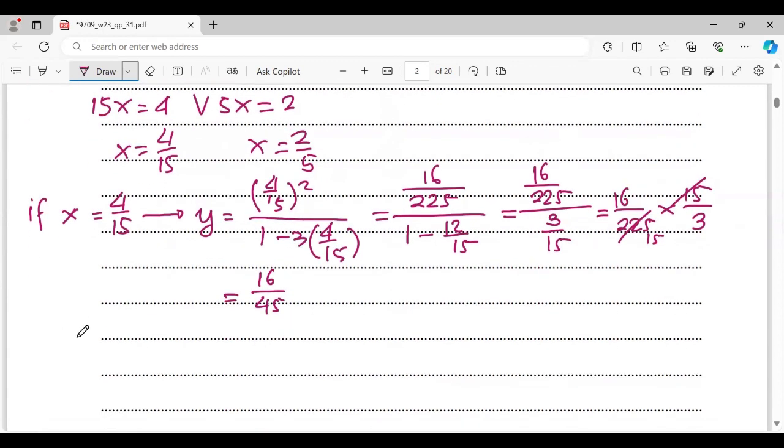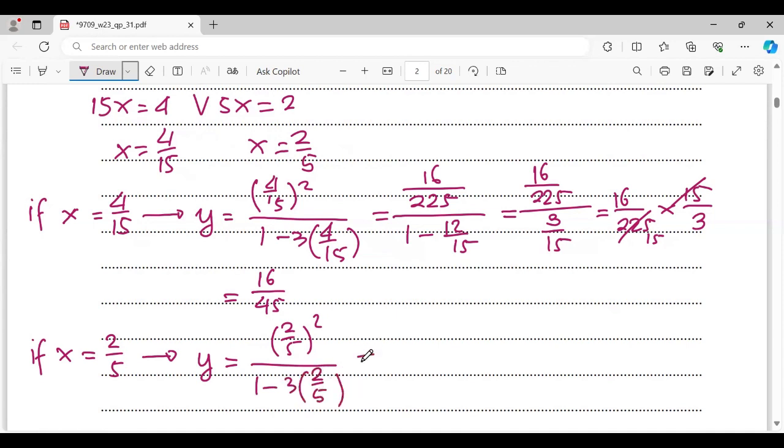How about if x equals 2 over 5? y equals 2 over 5 squared over 1 minus 3 times 2 over 5, which becomes 4 over 25 over 1 minus 6 over 5. This equals 4 over 25 times minus 1 over 5 in the denominator, because 5 over 5 minus 6 over 5 equals minus 1 over 5.